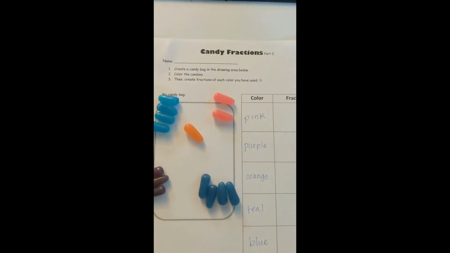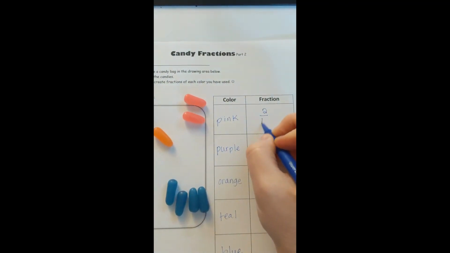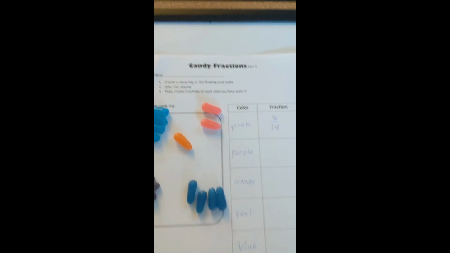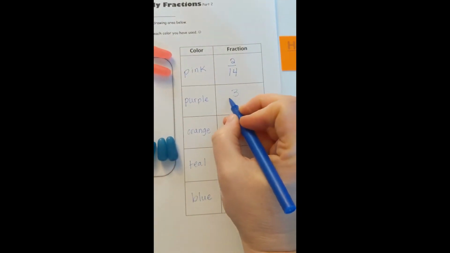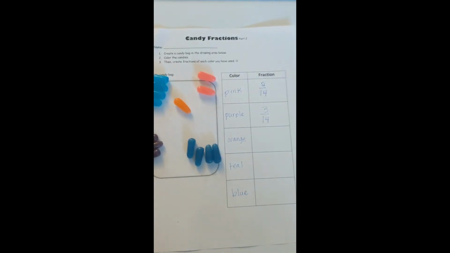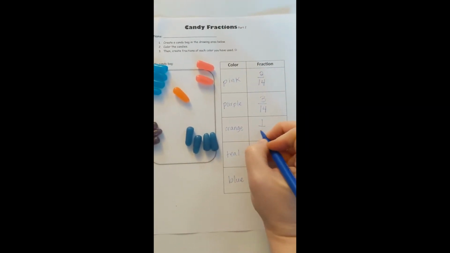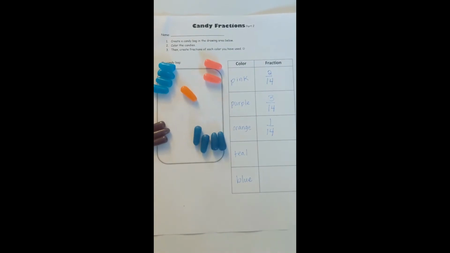So that means that when I look at my pink candies, I've got 2 and there's 14 in all. When I look at my purple, I've got 3 purple, and guess what? My denominator is still 14. I'm still going to have 14 pieces altogether. When I look at the orange, there's only 1 that I'm looking at, and there's 14 pieces in all.